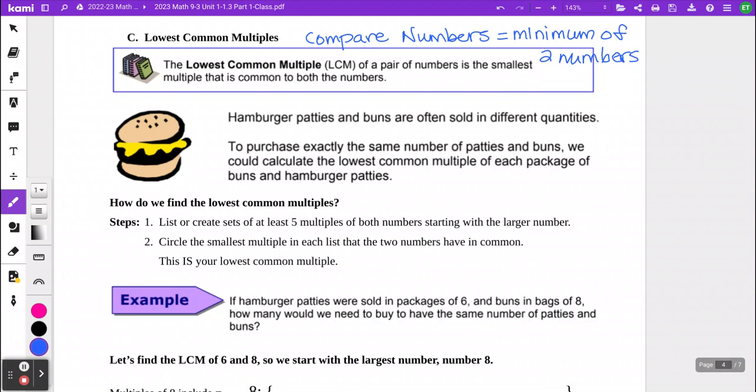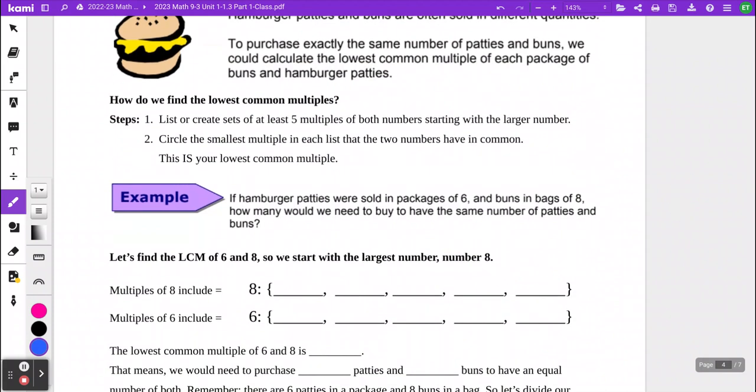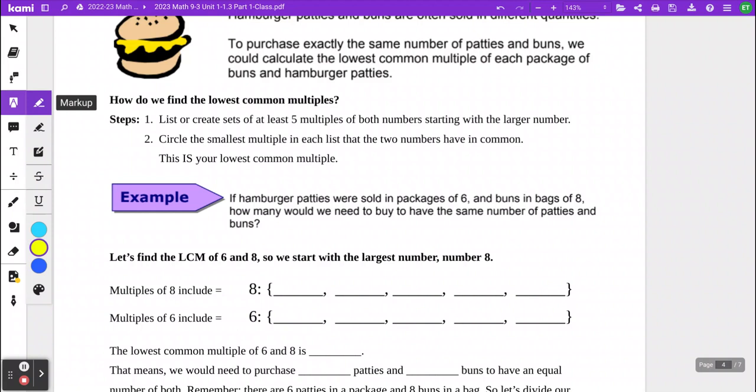Step 1 says create lists or sets of your first 5 multiples, and this is the important part, starting with the larger number on top. Then you're going to circle the smallest one that they have in common. So that means it's in both lists. That becomes your LCM.